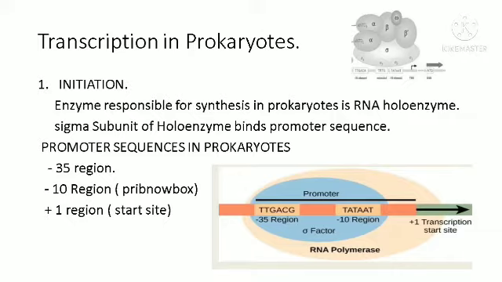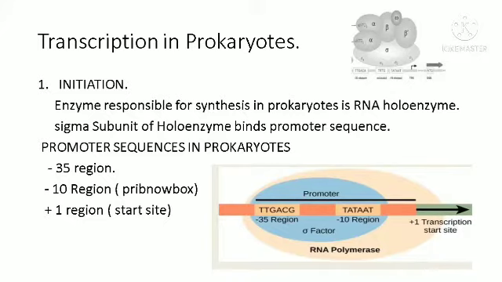This promoter region is a consensus sequence, in that in most prokaryotes, this sequence has been found to contain the same arrangement of base pairs. So you have the TAAT, which is at the minus 10. And then at the minus 35, you have the TTGACA.